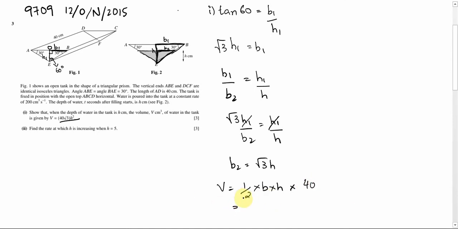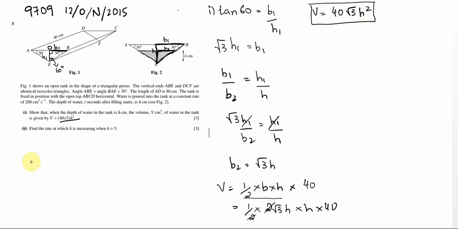For the base I found half of the base, that is root 3 h, so I multiply it by 2 to make it the whole base. Then into h into 40, the 2's cancel, so the volume becomes 40 root 3 h square, and hence I proved part 1.